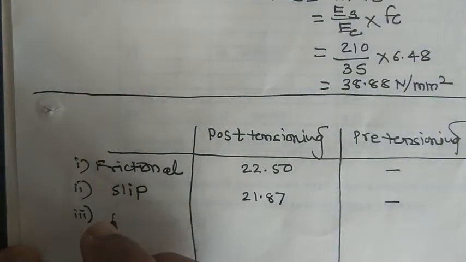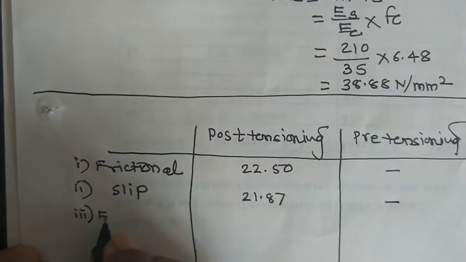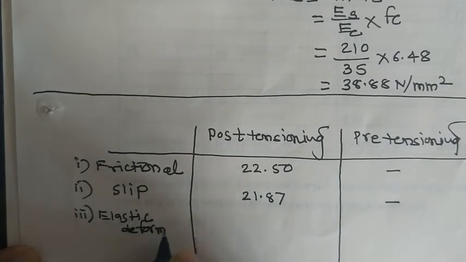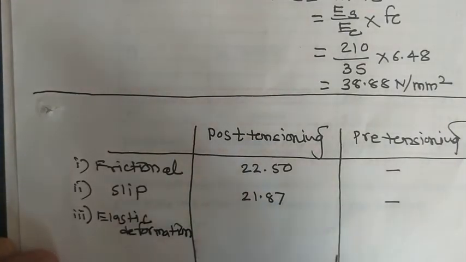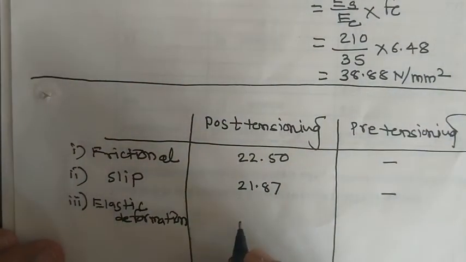Third one, elastic deformation loss. If the wires are tensioned one after another, this loss is present in post-tensioning.